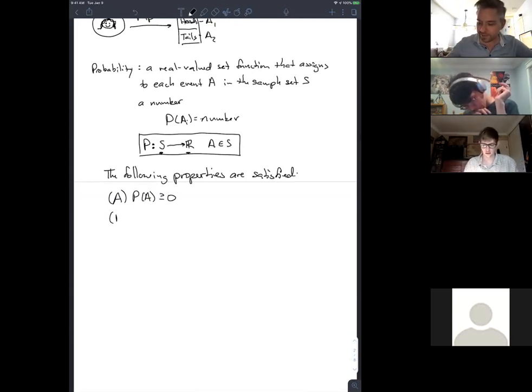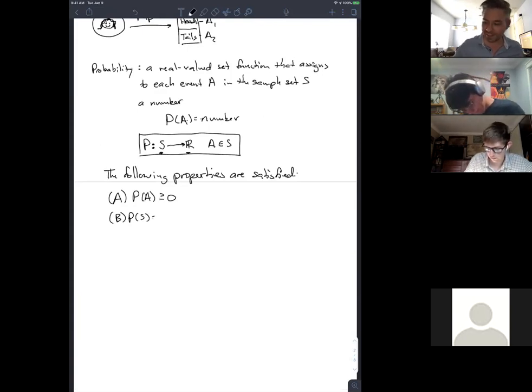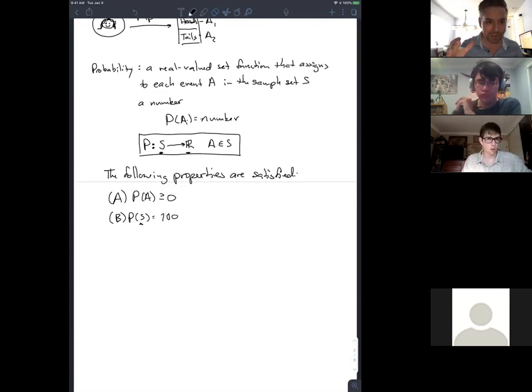The second one is that if you're doing an experiment like flipping this coin, and you know what all the possible outcomes are, then the probability of one of those outcomes happening is 100%. Remember, S here is the set of all possible outcomes, so that means both heads and tails.